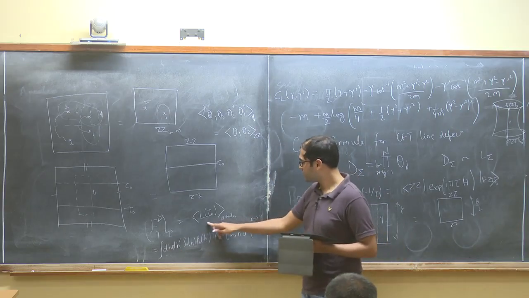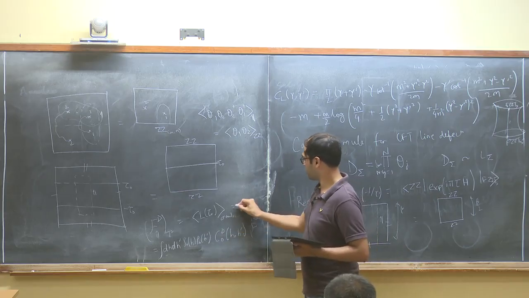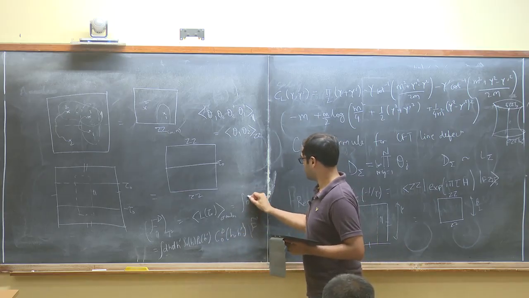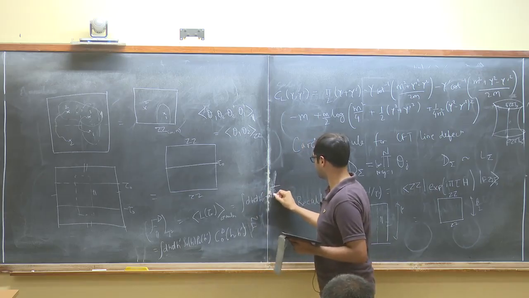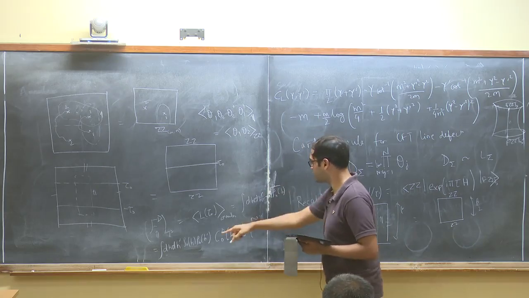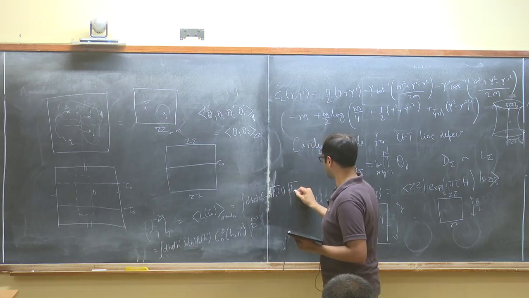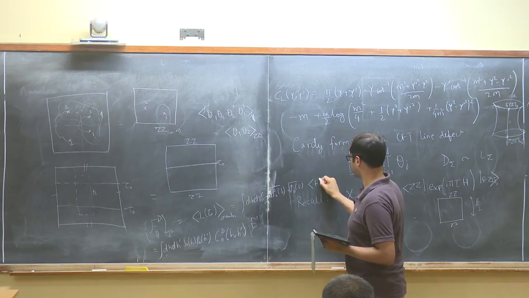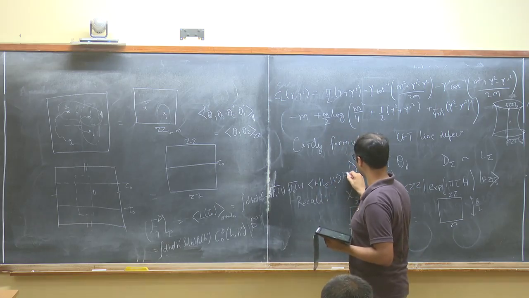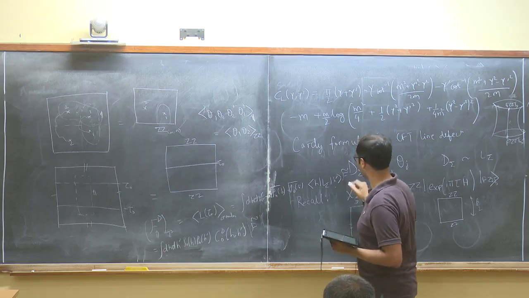We have a very similar expansion for the Liouville 1-point function. This is very schematic. It turns out to be square root rho 0 h, where rho 0 is the Cardy density of states, times square root rho 0 h prime, times the matrix element of the defect, times again the conformal block.